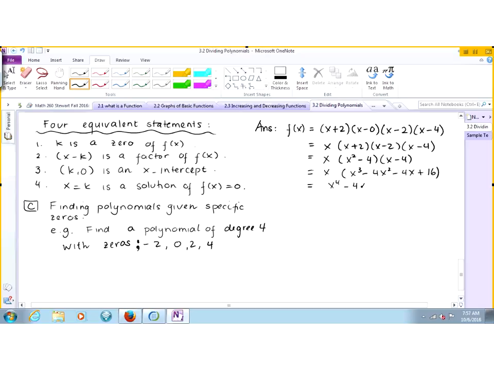So this is x to the 4 minus 4x cubed minus 4x squared plus 16x. So these are all the zeros, or the k. Each one of these is x minus k.